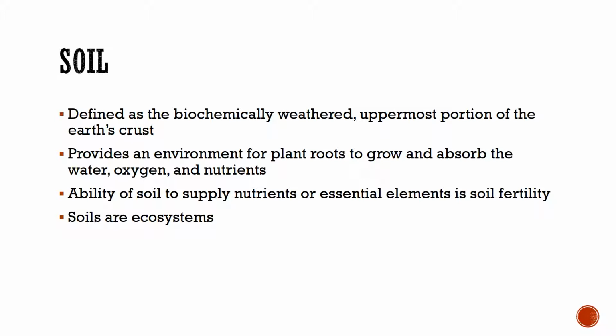There are ecosystems, like we talked about last week, and we have 2 different types. We have an ecosystem that's natural and not really messed with by humans, and then we have an agroecosystem that is farmed or ranched or maintained by humans. It also has a huge ability to supply a lot of nutrients if it's taken care of correctly.